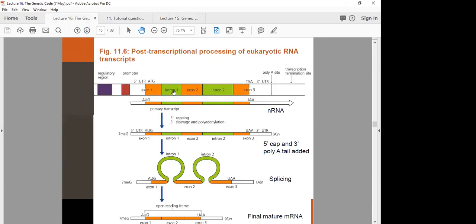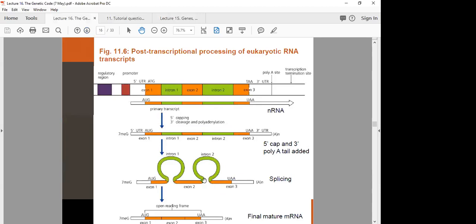They don't form part of the actual coding part of the gene, so they need to be cut out, and they're called introns. Introns have to be cut out. The exons remain. They contain the code. All right, so let's look at how that's done down here. Here are the green introns. That's intron 1, and it's looped out from the RNA. Here's intron number 2.